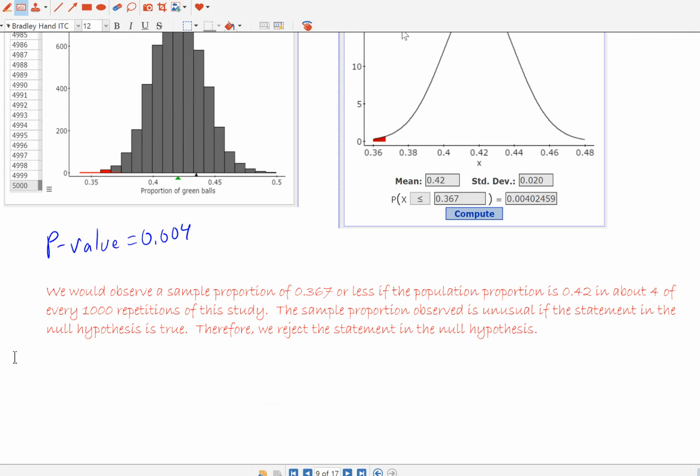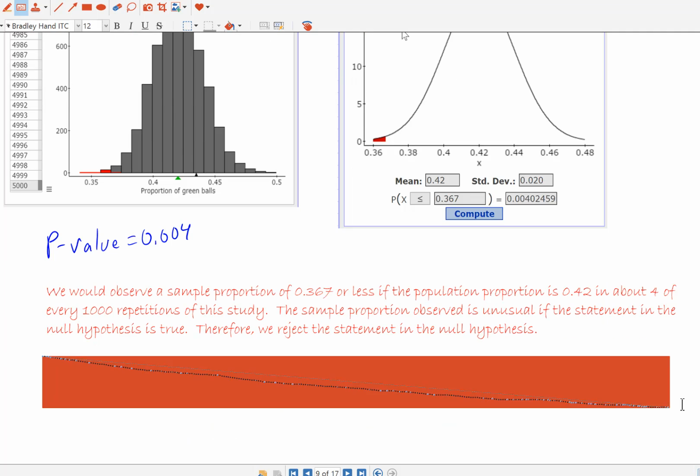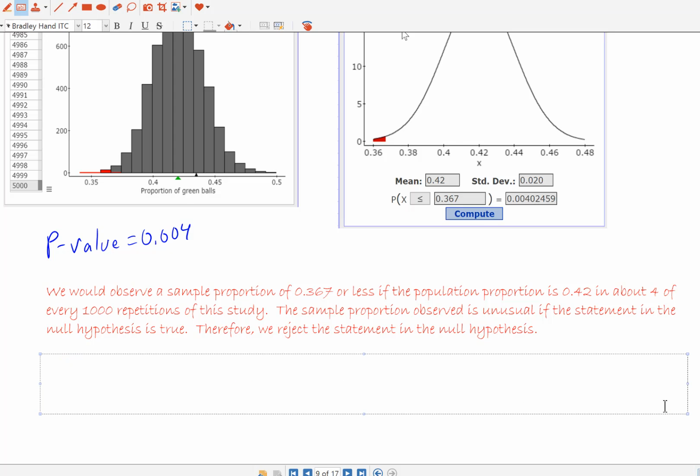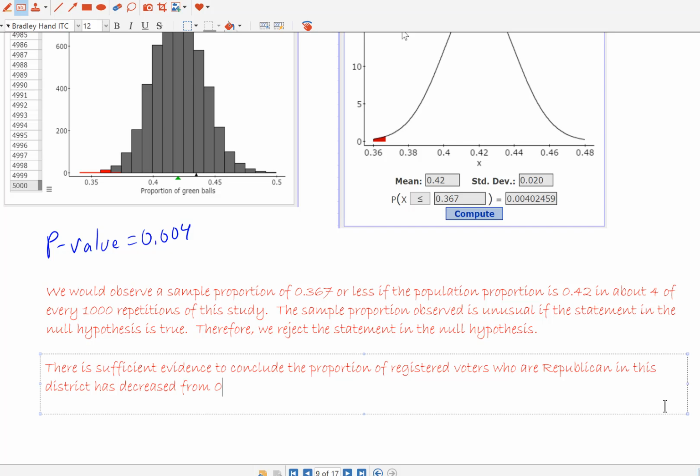And if you're going to reject the statement in the null hypothesis, now you can make a conclusion about the overall results. There is sufficient evidence to conclude the proportion of registered voters who are Republican in this district has decreased from 0.42.